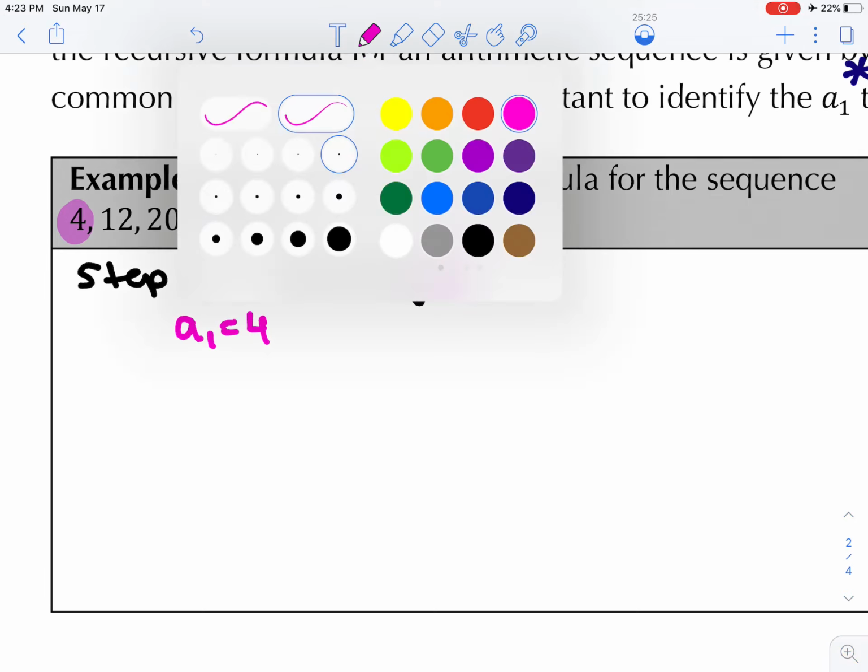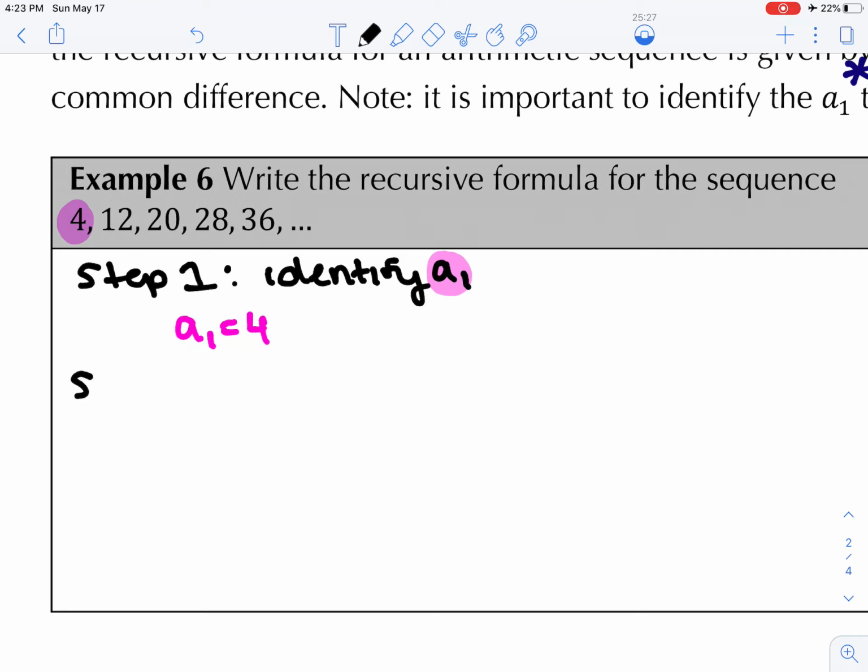Again, just like before, we're also going to need to identify or find our common difference.